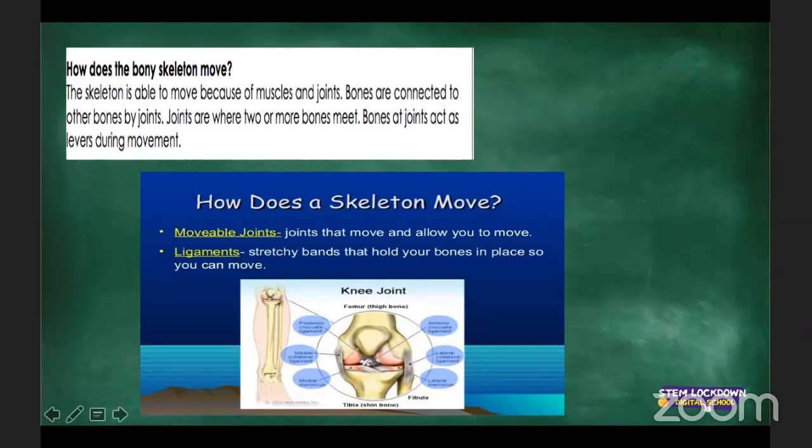Okay, guys, let me pose a question, but it's not here on the slide. Please listen to my voice. What is the name of the longest bone in a human body?